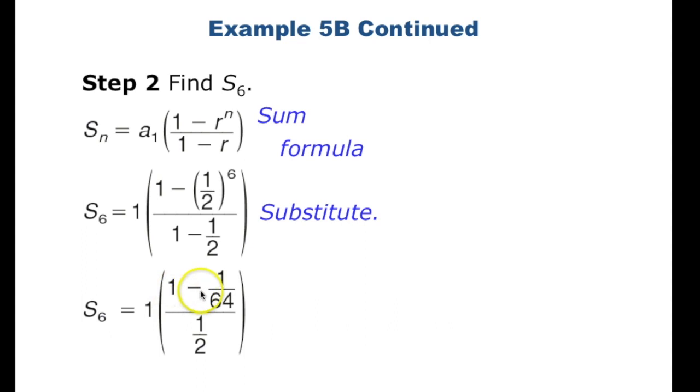Notice 1 minus 1/64 is really 63/64, divided by a half, which would give us 63 over 64. And of course, we'd want to take that, divide that by a half, which means turn it over and multiply it by 2 over 1. And this 2 will cancel with the 64 and give us 32.